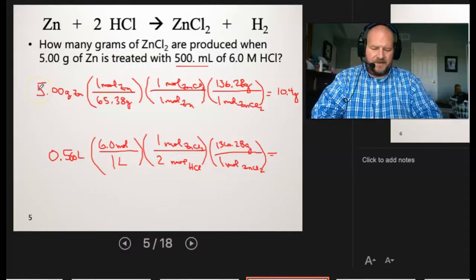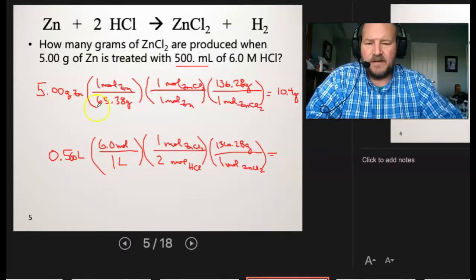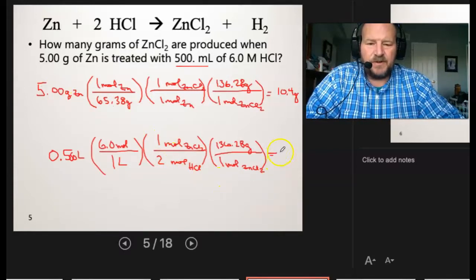So we have 0.5 times 6 divided by 2 times 136.28. And that tells us we're going to make 204. So yeah, well, we only get 2 sig figs.